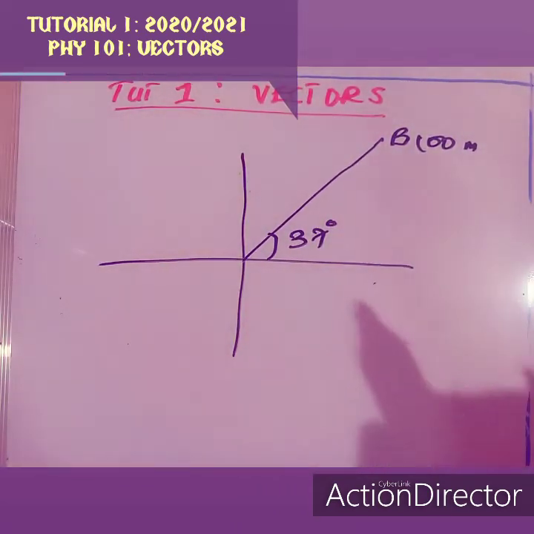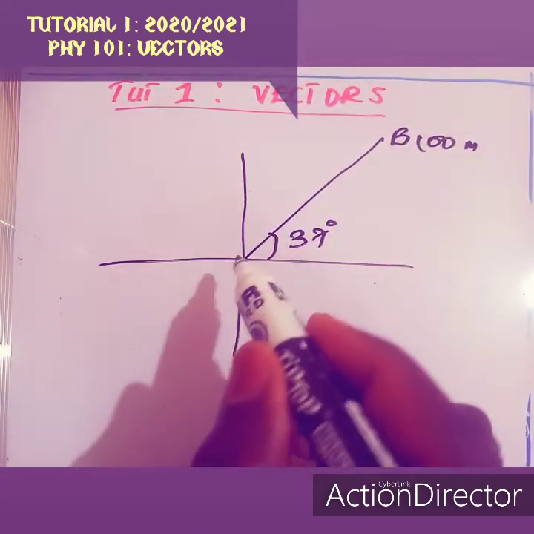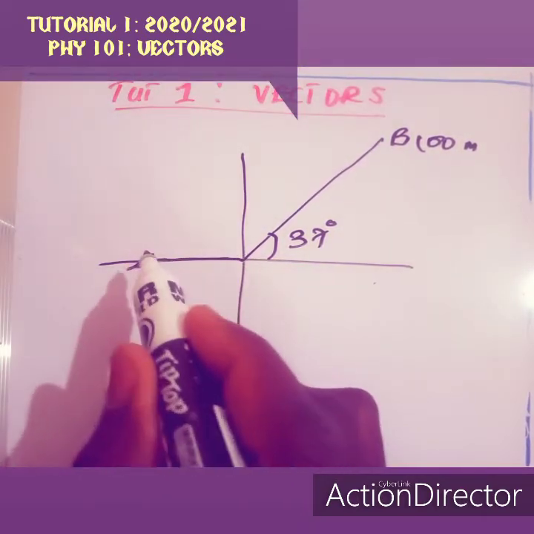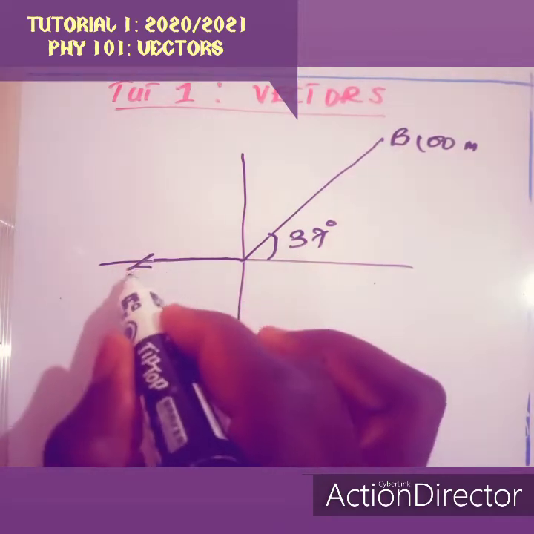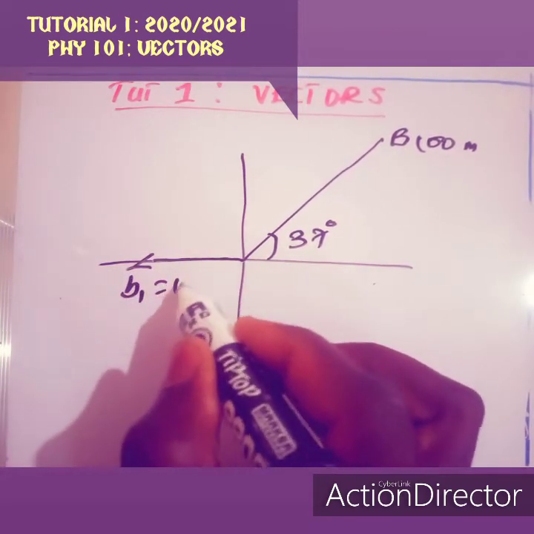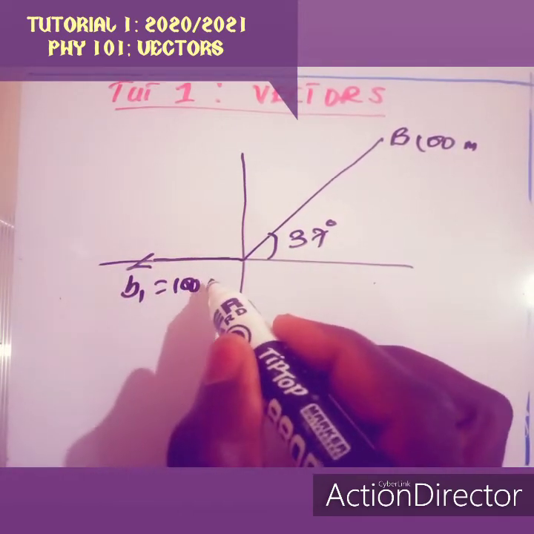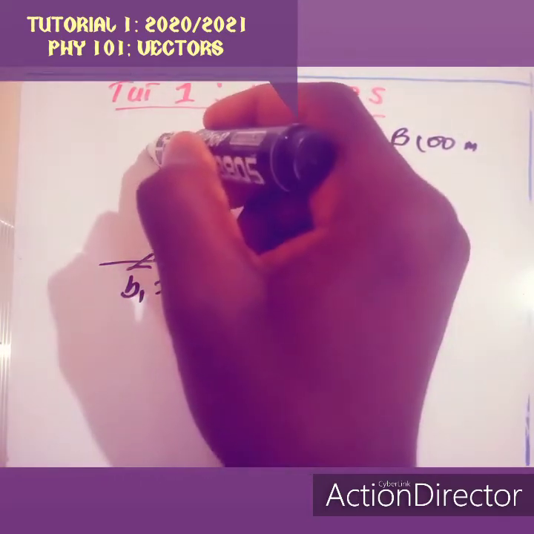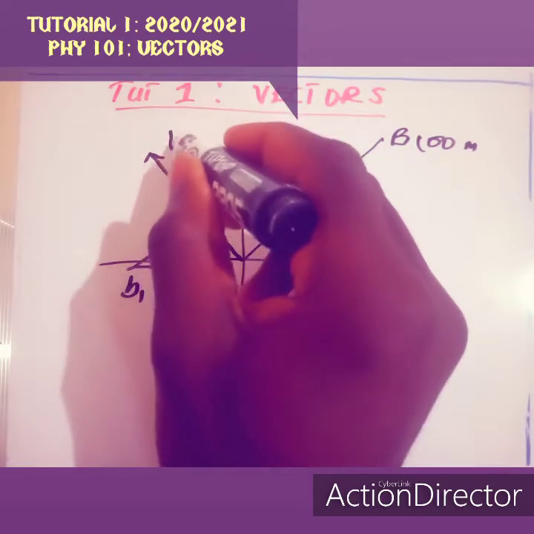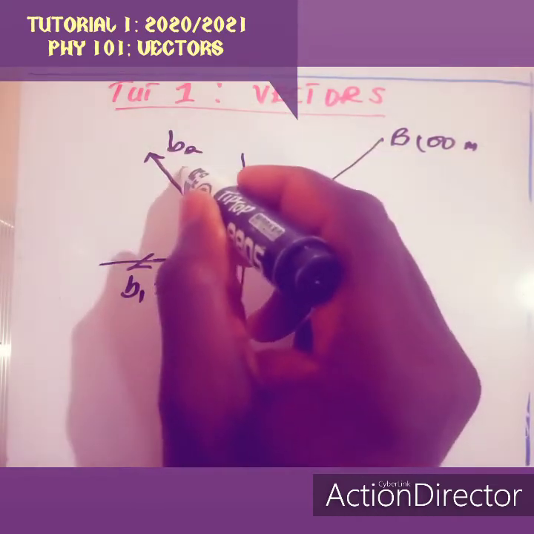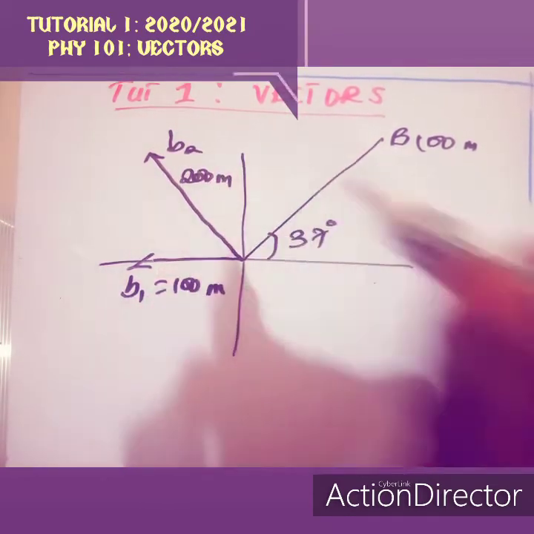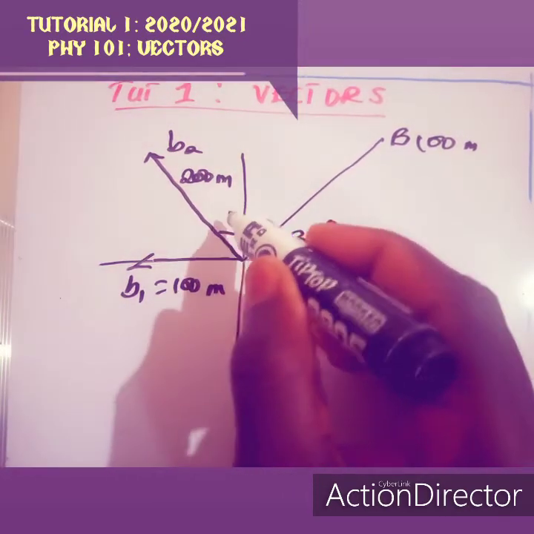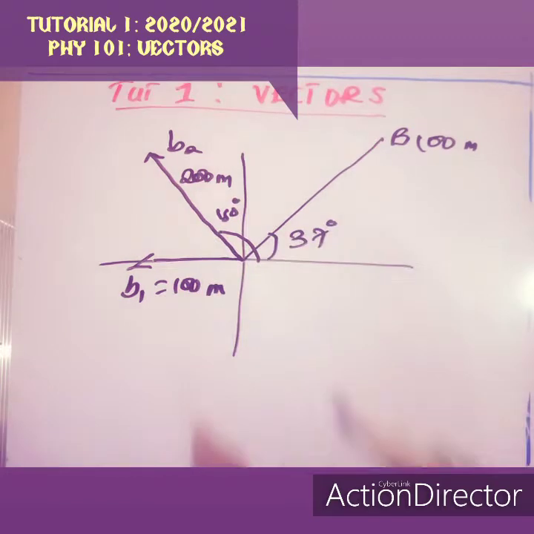Then we have our B1 heading in this direction, B1, 100 meters. Then we have our B2 moving in that direction, having 200 meters, with an angle of 150 degrees up to there.